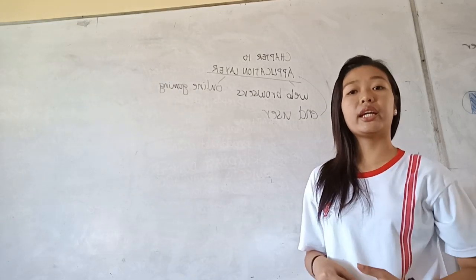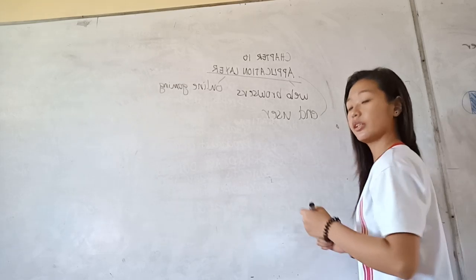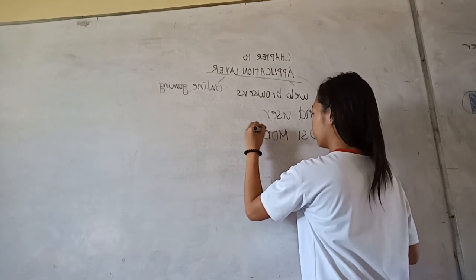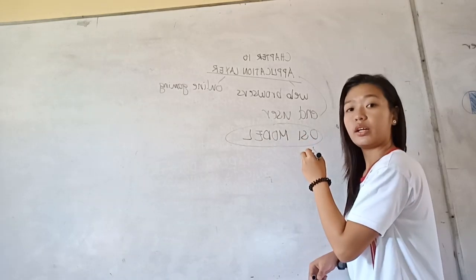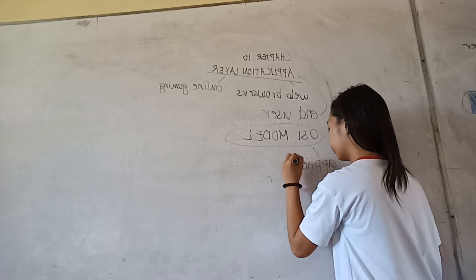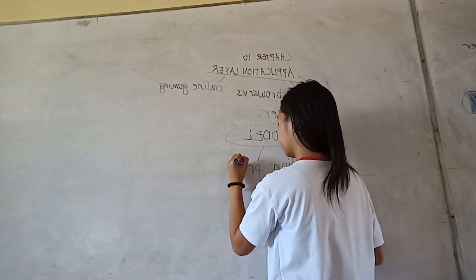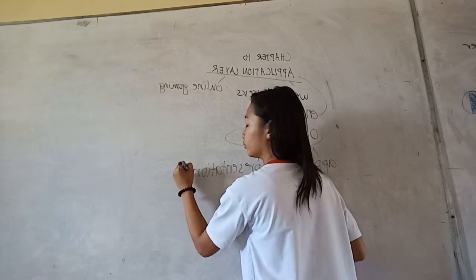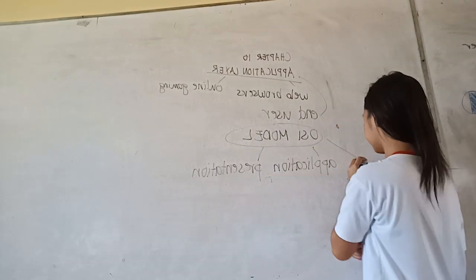The upper three layers of the OSI model: we have the application, the next one is the presentation, then the last one is the session.